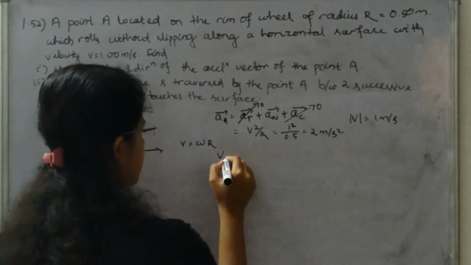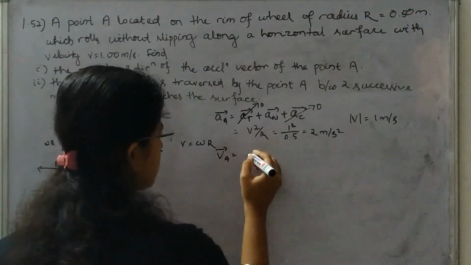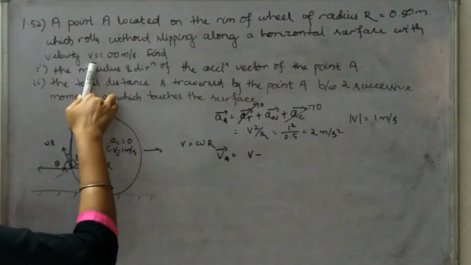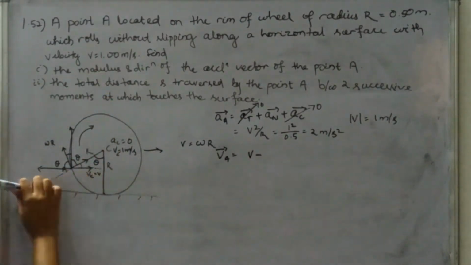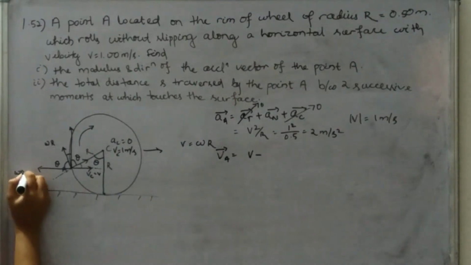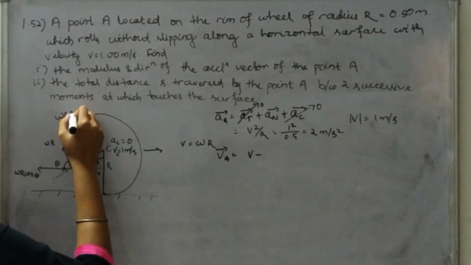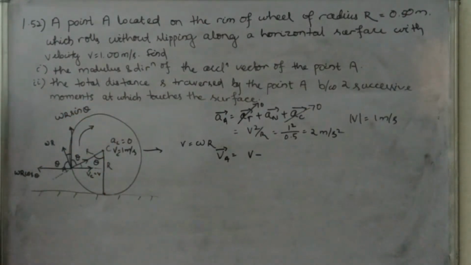So what is the velocity vector of the point A? We have considered this as V. V minus this component, which is omega r cos theta. The vertical component is omega r sin theta.